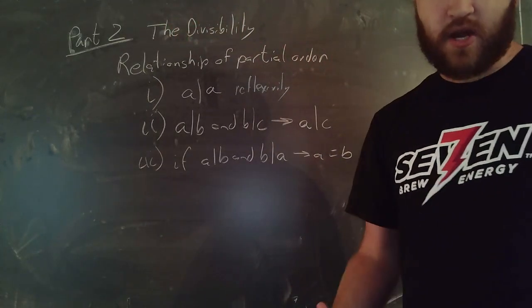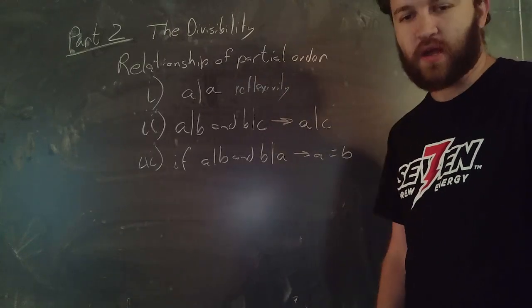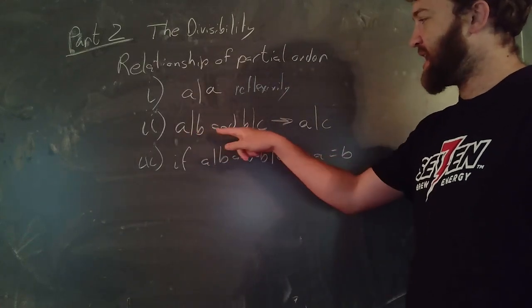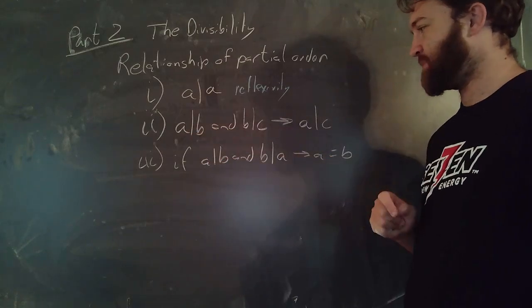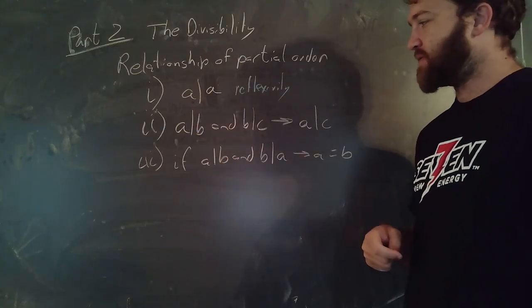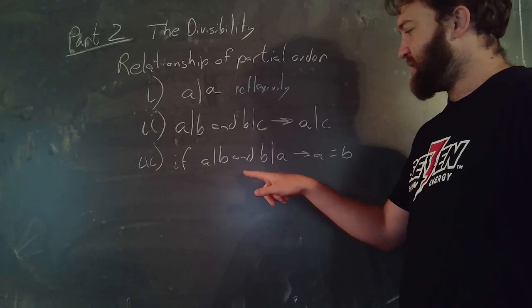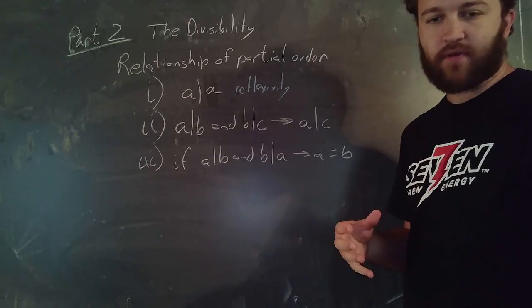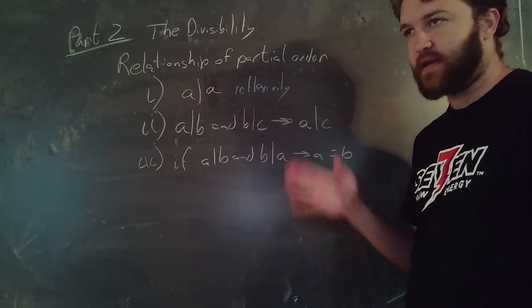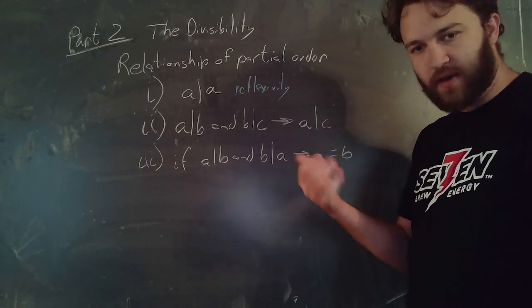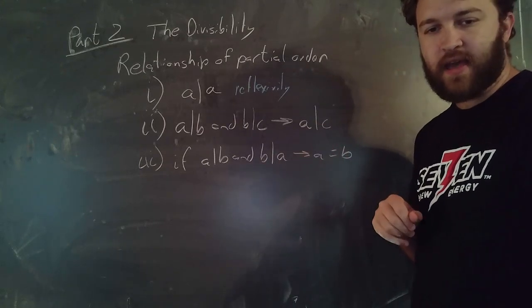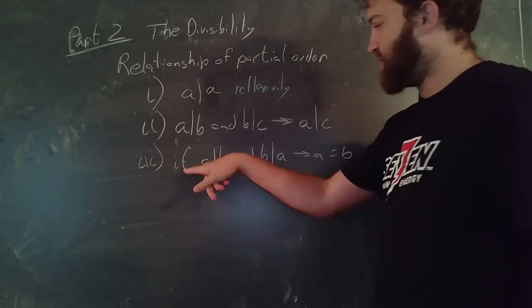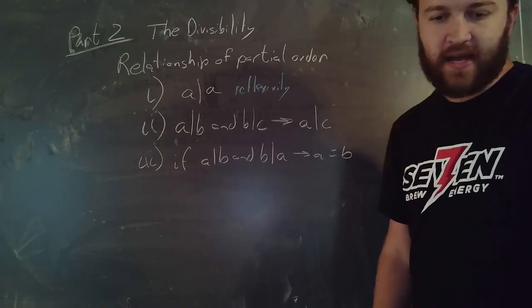Secondly, we have some notion of transitivity like we do with equality, where if a divides b and b divides c, we can say that a divides c. Lastly, we have the property that if a divides b and b divides a, the only way for a number to divide another number and then to flip that division is if those two numbers are the same thing. So a is equal to b if a divides b and b divides a.